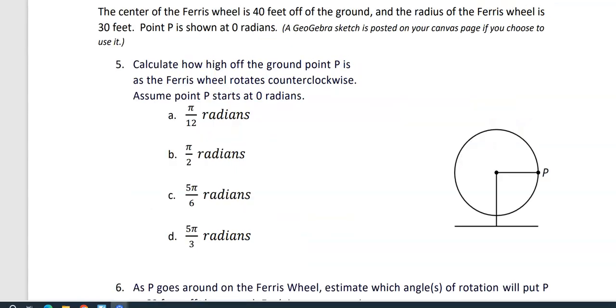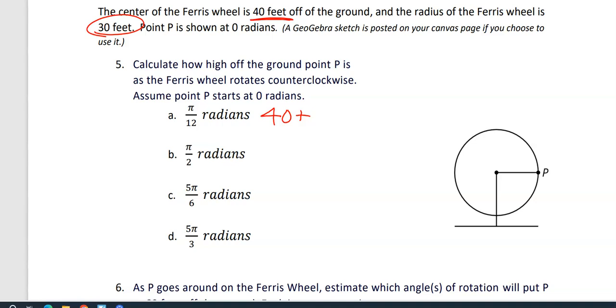All right, so a couple critical numbers. We know we're 40 feet off the ground, so if I'm looking for the height, it's going to be 40 plus whatever the distance is within that Ferris wheel. We're looking at a radius of 30. So if this was simply a radius of 1, then we would be looking at the length of pi over 12.